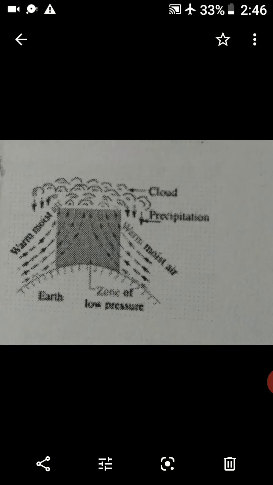And the second type of precipitation is convective precipitation. You can see the image.